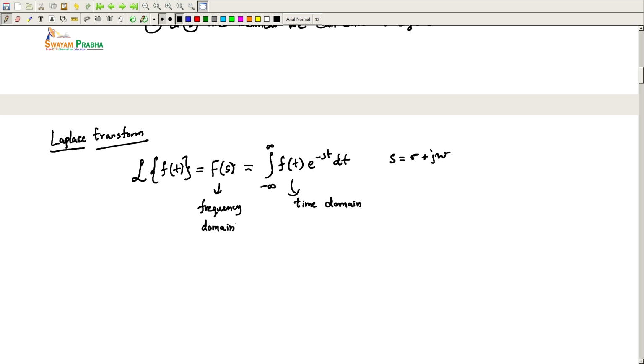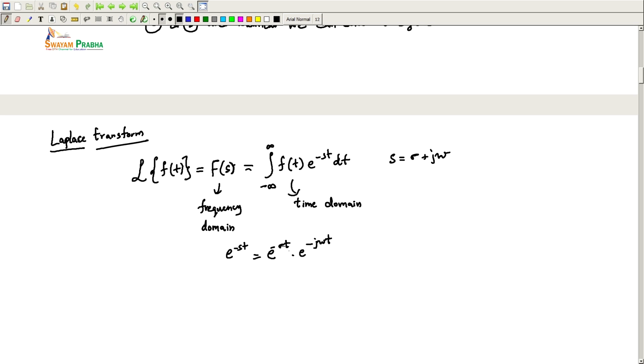So, now if you look at this particular part, that is e to the power minus st, you will find it's e to the power minus sigma t is one part of that into e to the power minus j omega t.